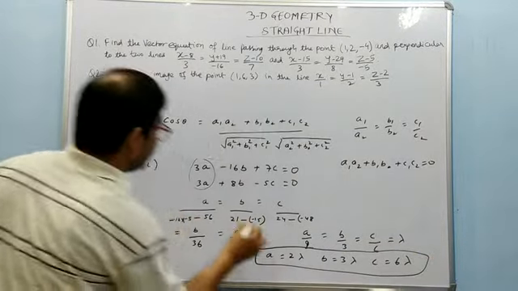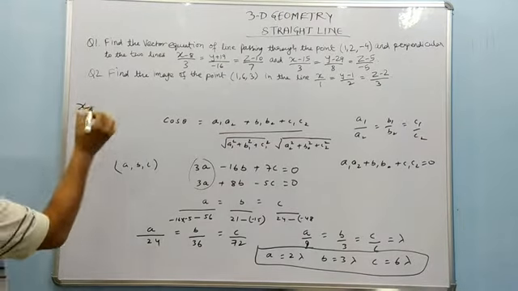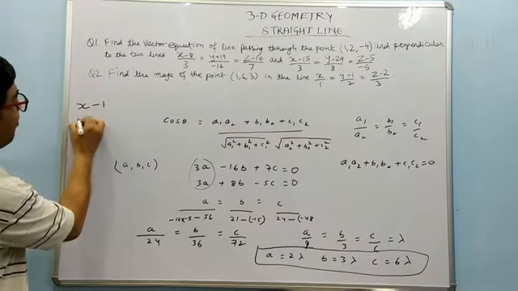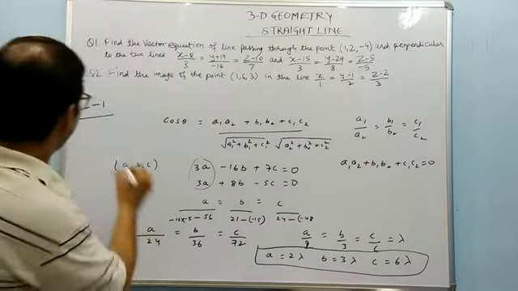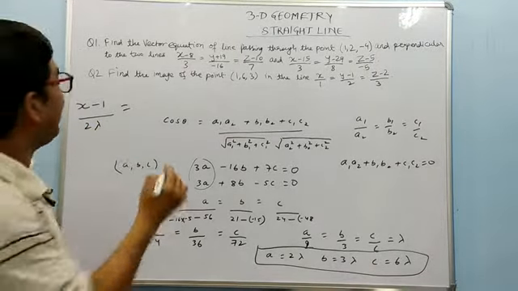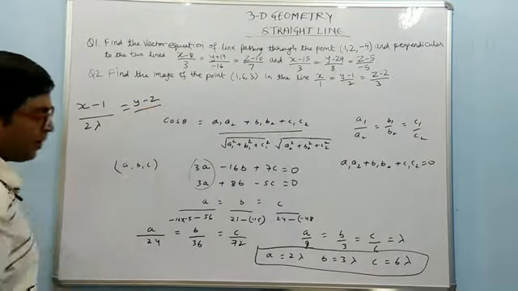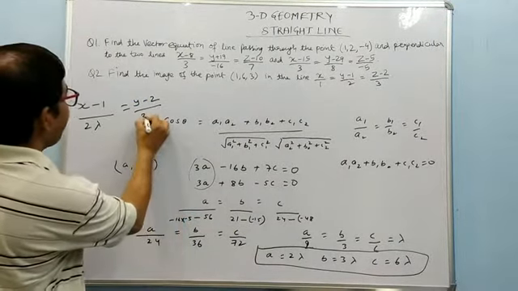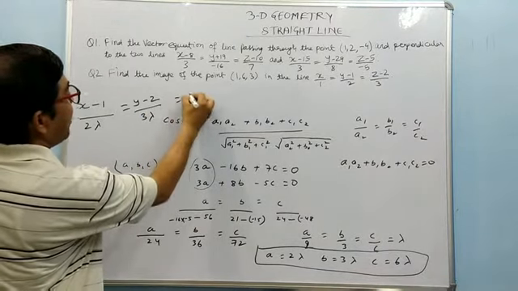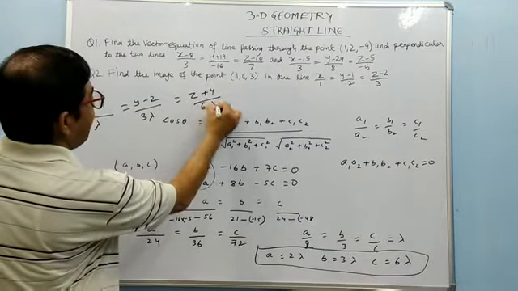This is taken as x minus x1 by a, that is 2 lambda, is equal to y minus y1, y minus 2 by 3 lambda, is equal to z minus z1, z plus 4 by 6 lambda.